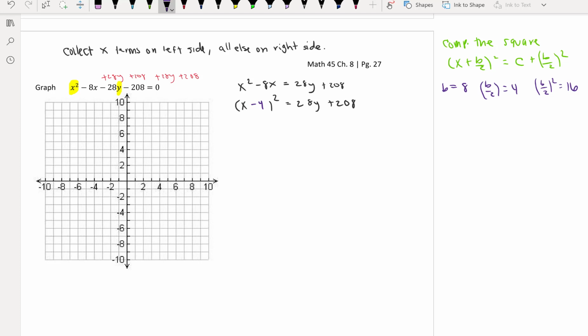And since I have to add it to the opposite side, that square value, this is where I add the 16 to that side. So now I have my x minus 4 squared is equal to 28y plus, and now I'm going to add, so 208 plus my 16, and I get a positive 224.